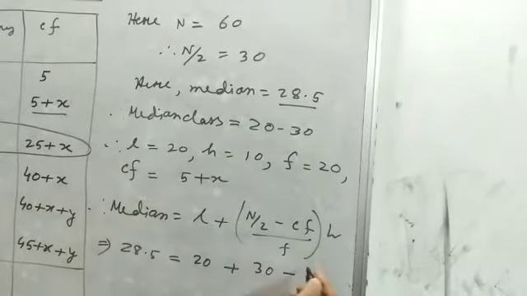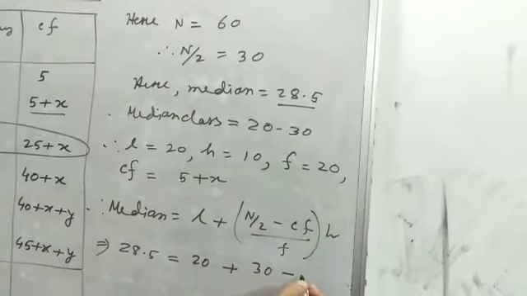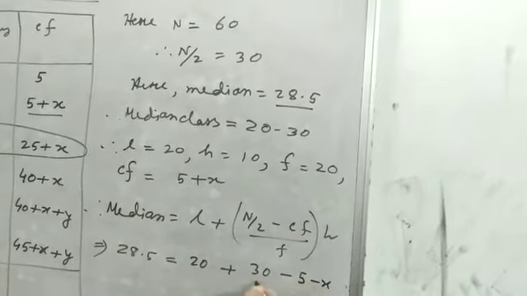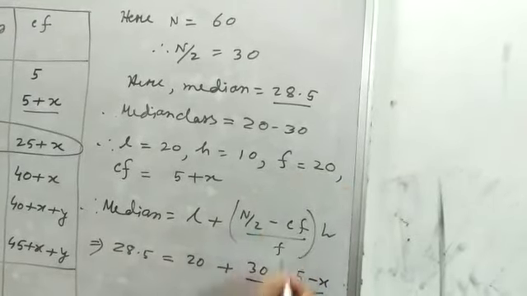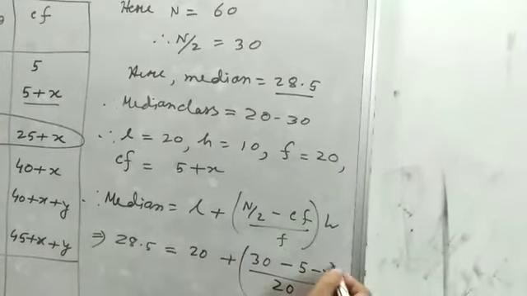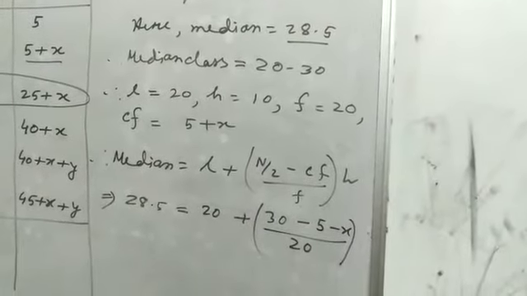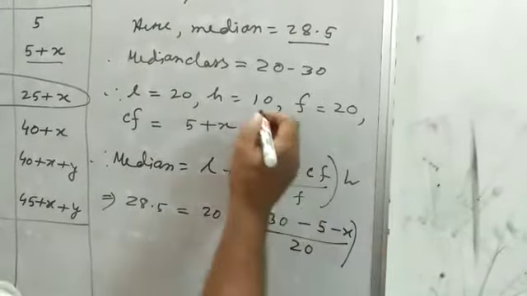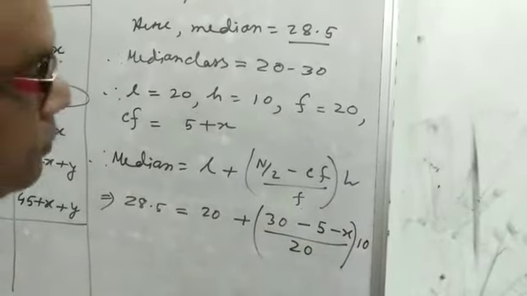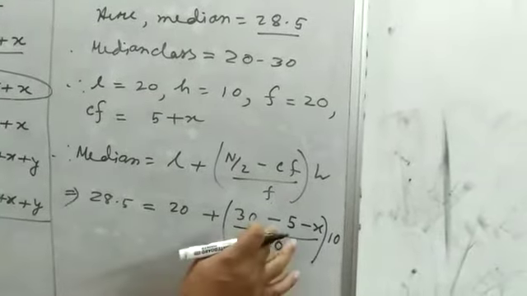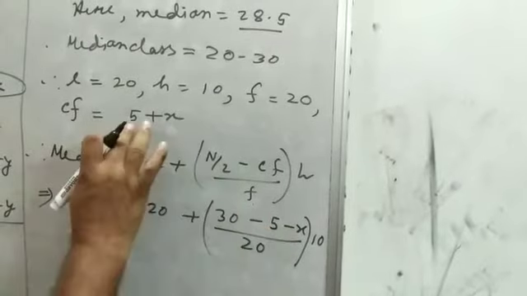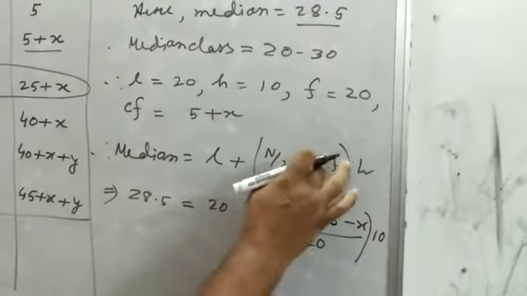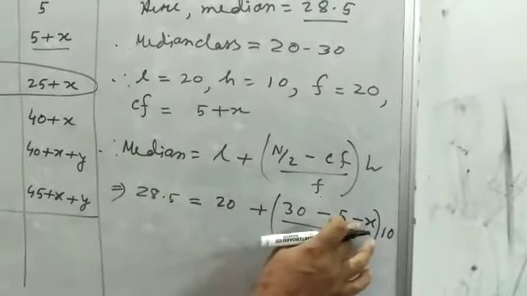Actually this term should be written in brackets, but if we remove the bracket, it is minus 5 minus x. Divided by f, which is 20, and then h is 10.